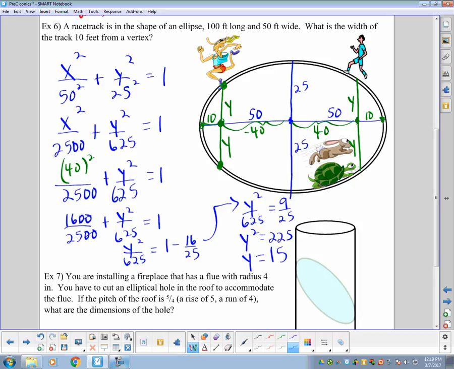So, what does that tell me? If y is 15 right here, y is 15 here, the width of track at that point, the point 10 feet in from the vertex, is 30 feet.